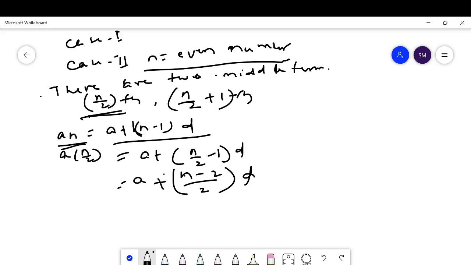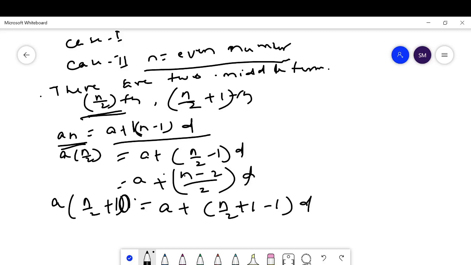Then the second middle term is the n upon 2 plus 1 term, which can be written in this form: a plus n upon 2 plus 1 minus 1 into d.